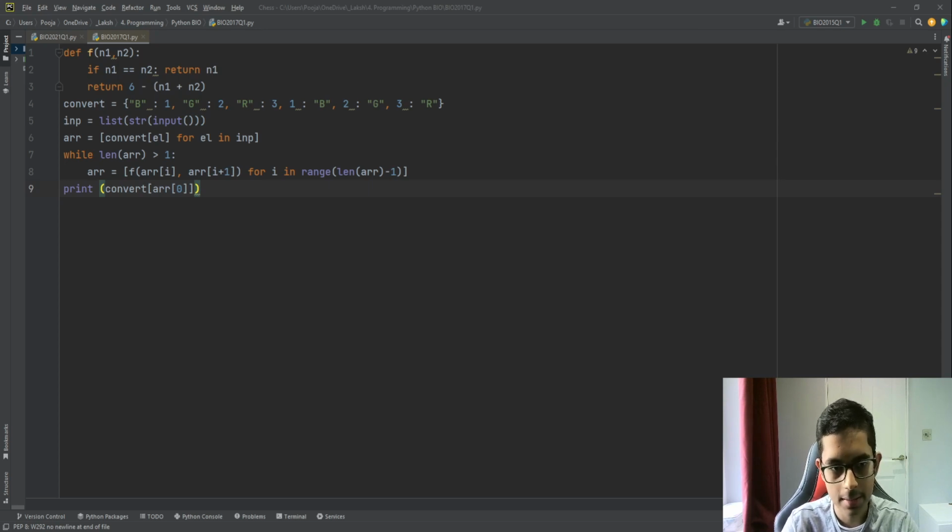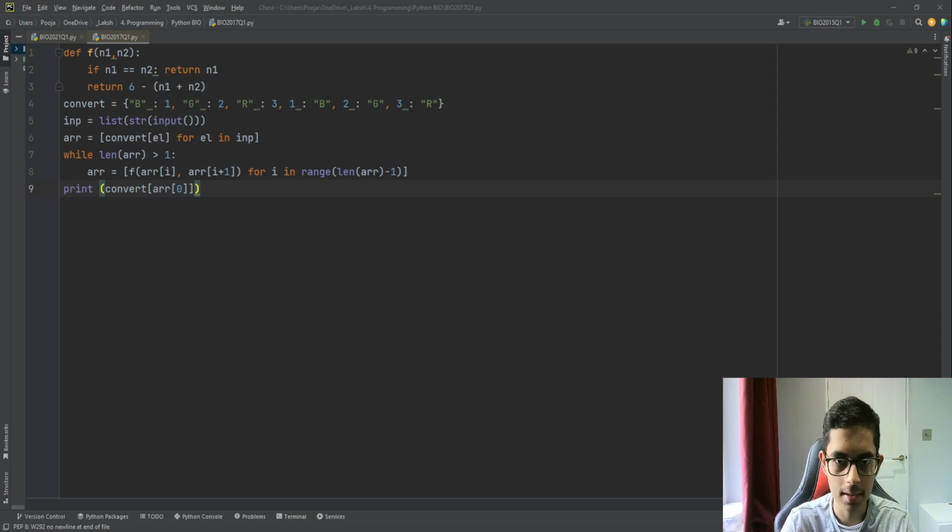So we take the input of RGB, and then convert each element into its numerical format inside the array. Then we iterate while the length of the array is greater than 1, continuing to apply this function. This list comprehension generates the next line in the array. For i in range of len(r) minus 1, it iterates through each element until the second last element.